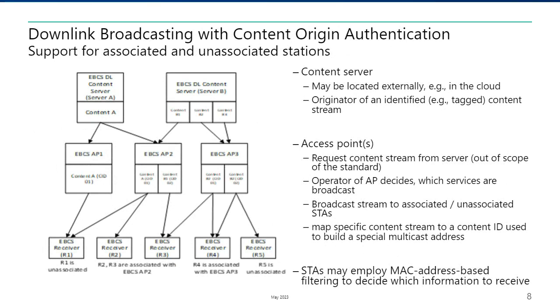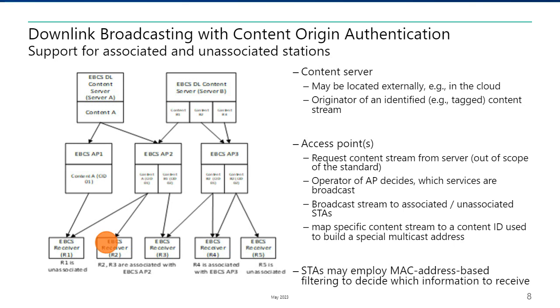So now have a more detailed look at the downlink broadcast of content. So first, we have a general setup in which we have servers located in the cloud, access point forming the coverage area of 802.11 networks, and the receiving stations.